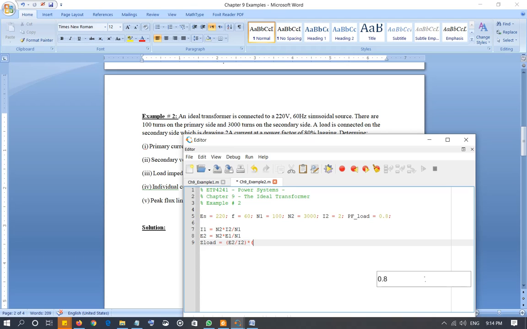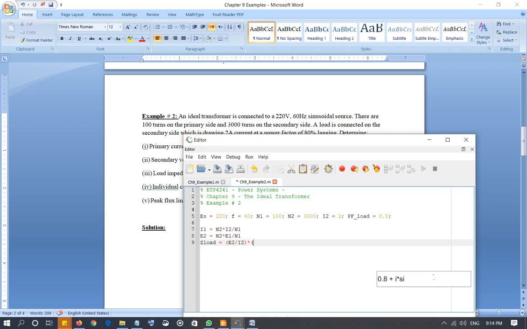So sine of cosine inverse of 0.8, so sine of the angle.